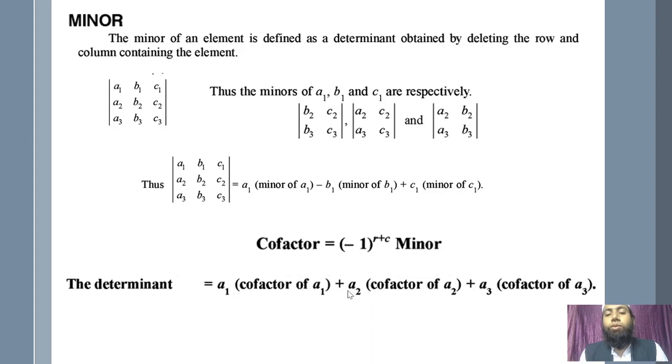No need to worry about the sign here. Just take the first element, cofactor of that, plus second element, cofactor of that, third element, cofactor of that. कोई भी row या column you can take. Just take second row also, third row also, this column. So this is the relation between determinant and its cofactors.